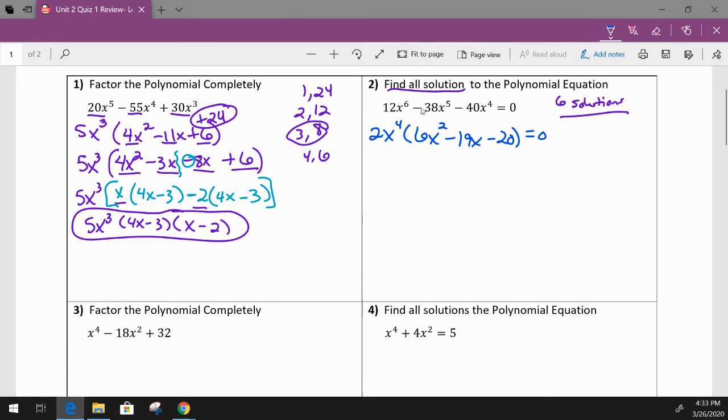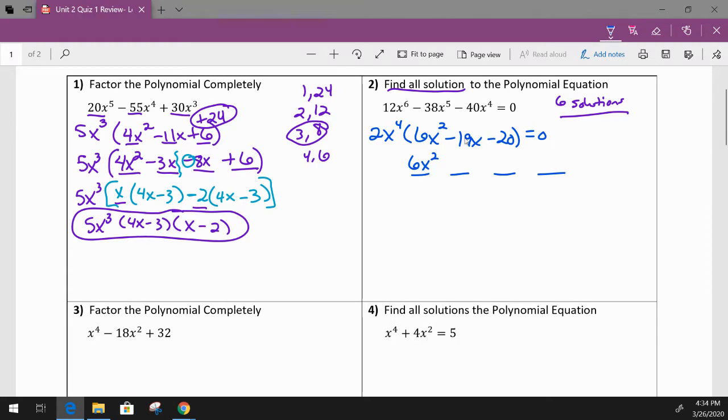And we factored out the x to the 4th. Again, if you were to multiply this back together, it would equal what you started with. All right, so let's continue to factor. So this trinomial here, just like the one in problem number 1, is going to have to be factored with the AC method. That means you're going to turn the 3 terms into 4.